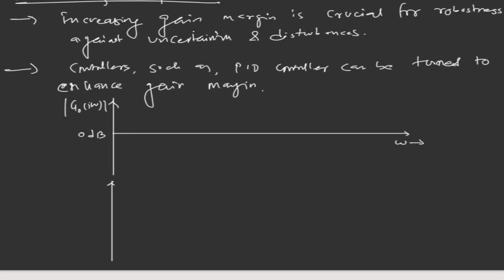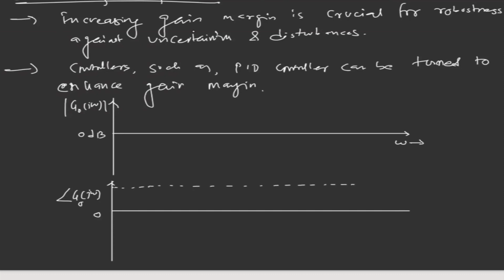And let's assume this is phase of the open loop transfer function, G naught of j omega. And let's assume this is 0 degree and this is plus 180-degree line.